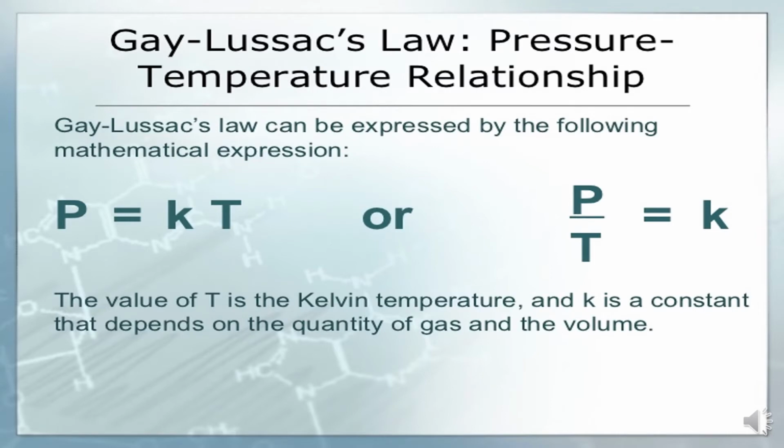So mathematically, we can represent that the pressure of a gas is directly proportional to temperature at constant volume, and it can be written as P is equal to KT or P over T is equal to K. That means the ratio of pressure and temperature for a fixed amount of gas is always a constant for a fixed volume.